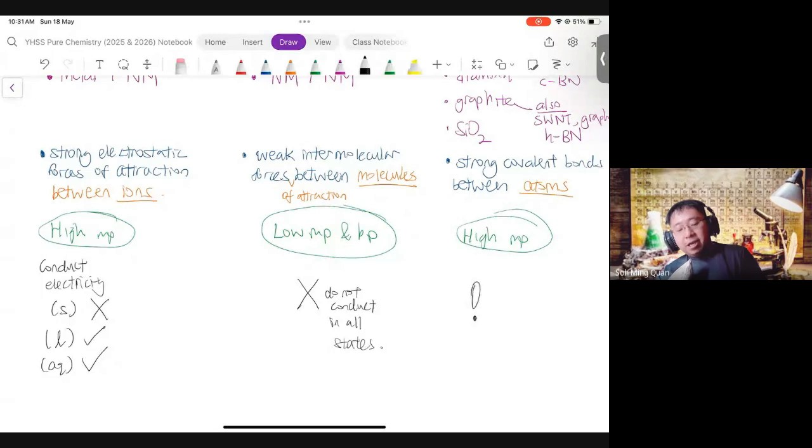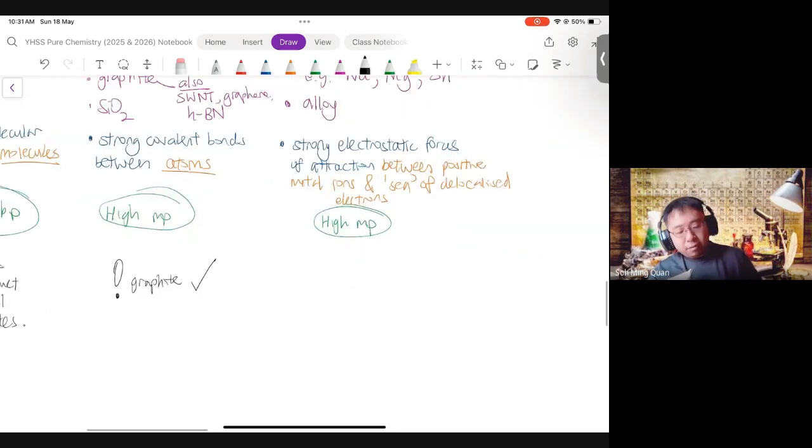For giant molecular, you've got to be careful. Graphite conducts. Diamond doesn't. Silicon dioxide doesn't. Graphite has delocalized electrons that can move freely along each layer to conduct electricity. And finally, of course, metallic lattice, they will conduct in all states.